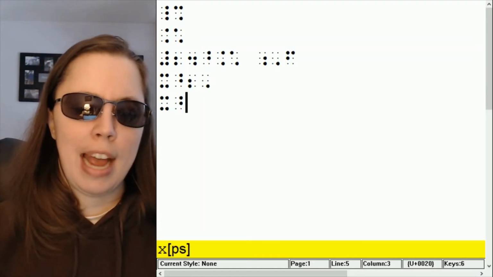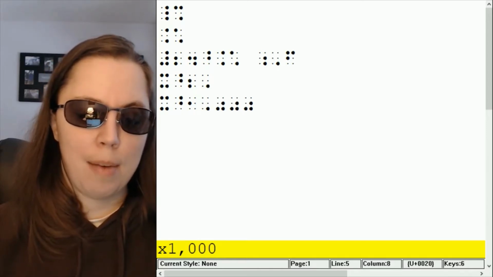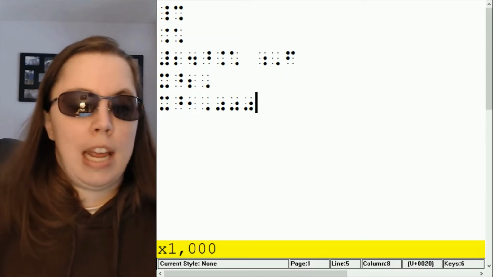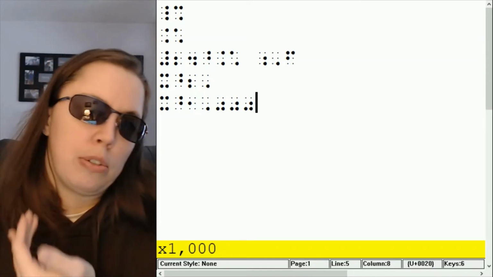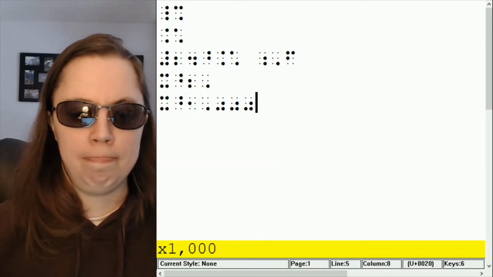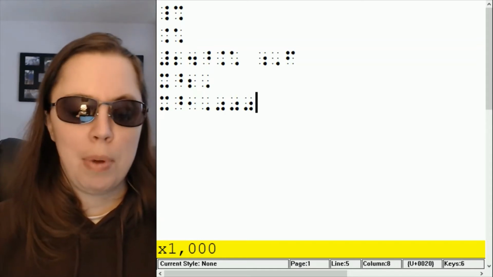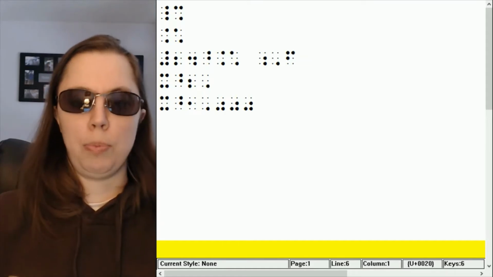Because if you had x to the power of 1,000 and you wanted to put that comma in the 1,000, that would say x to the power of 1,000. It wouldn't say x to the power of 1, comma 000 down on baseline. So that whole number would go up. So the comma has to be followed by a space, but if you have a comma and a space, that will terminate your superscript.